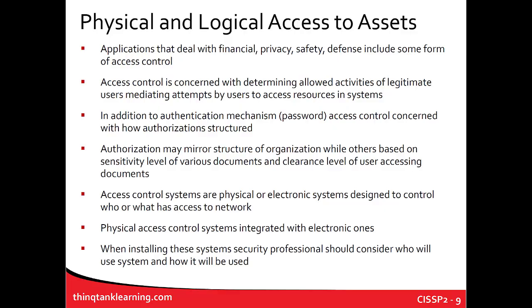Now, these structures that we implement, these authorization structures, they're going to be representative of the organization's hierarchy, which is going to be based on the sensitivity of what it is that we're trying to protect, whether it be documents or resources, and the need to know or the clearance level of the individual users.